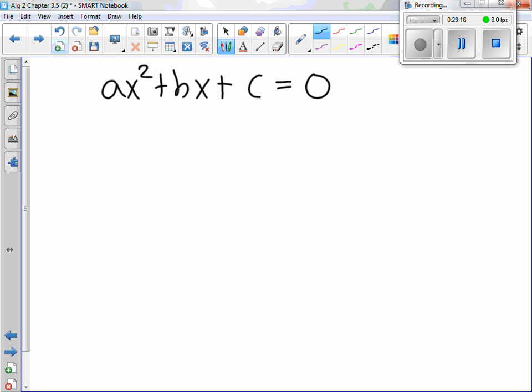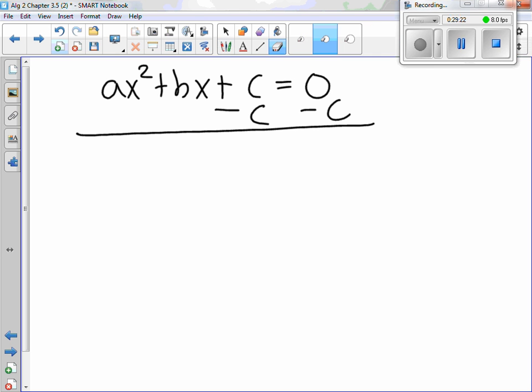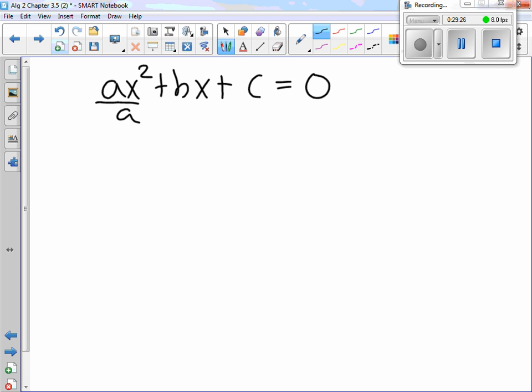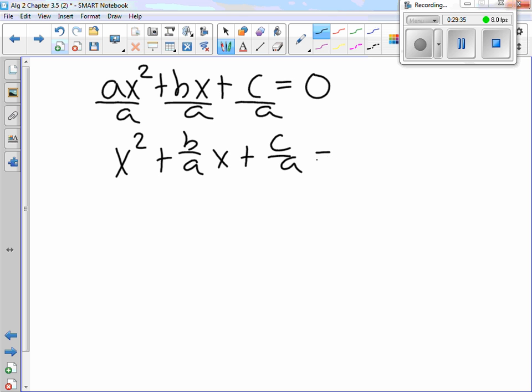Okay, I'm going to complete the square. I would not write this down. Actually I got a step ahead of myself. Because here a is not 1. The term in front of x squared is not 1, so I have to divide to get it to be 1. Then I would subtract c over a.